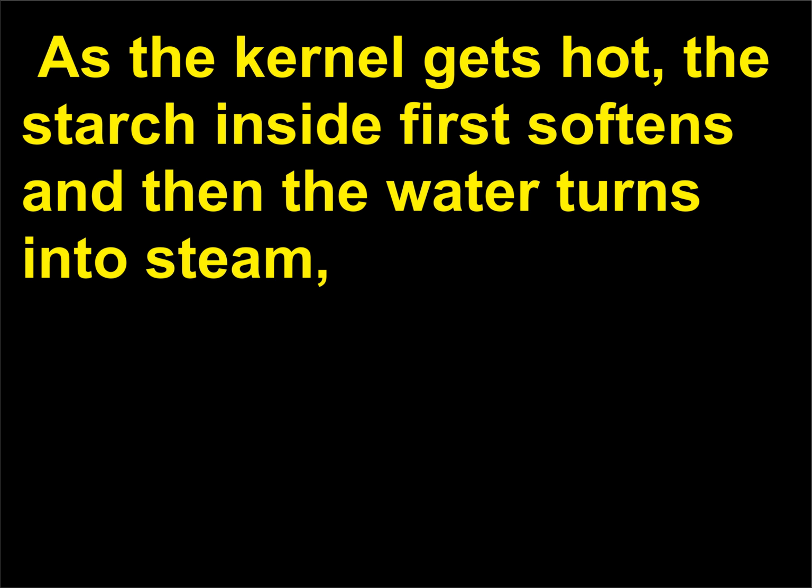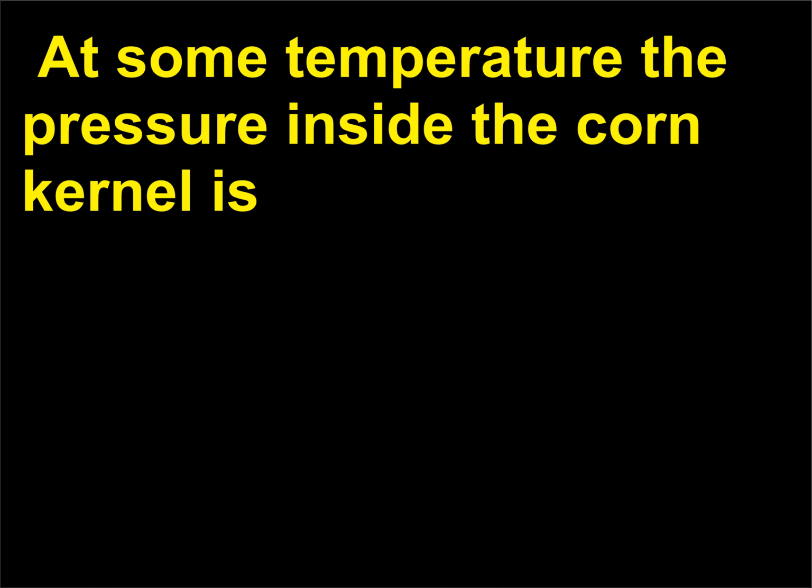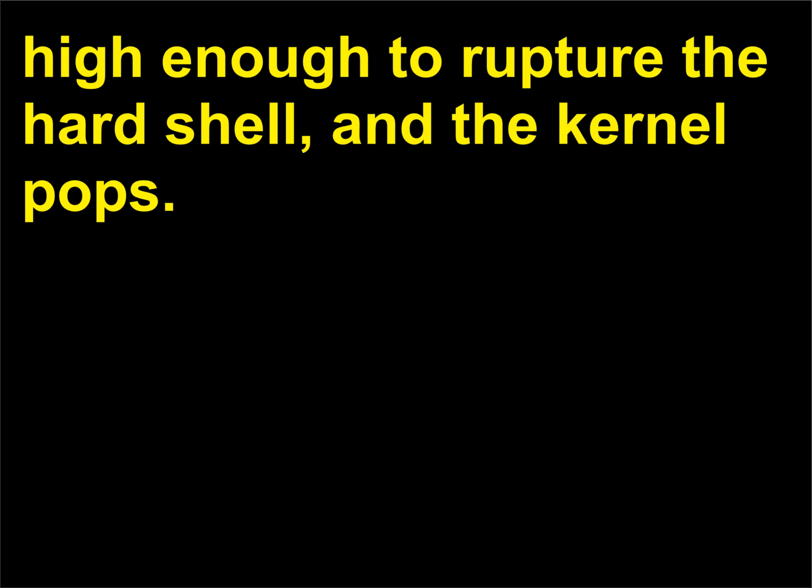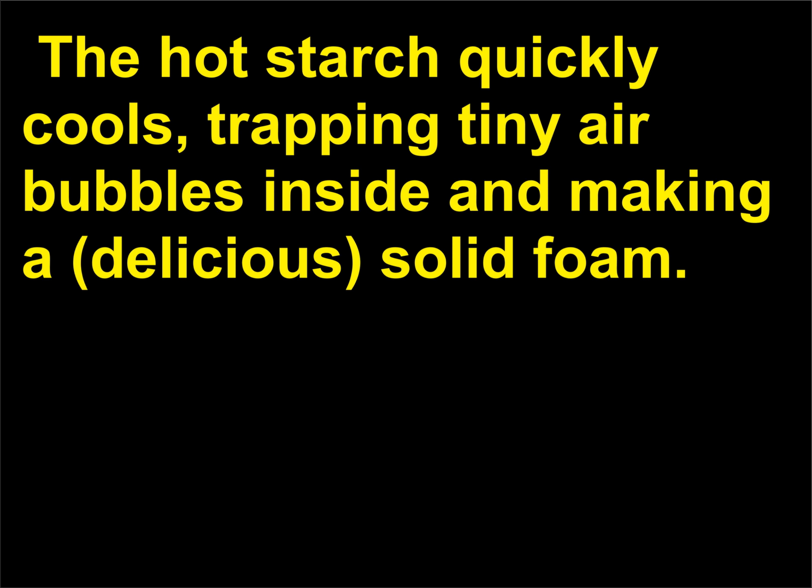As the kernel gets hot, the starch inside first softens and then the water turns into steam, which raises the pressure inside the kernel. At some temperature the pressure inside the corn kernel is high enough to rupture the hard shell, and the kernel pops. The hot starch quickly cools, trapping tiny air bubbles inside and making a delicious, solid foam.